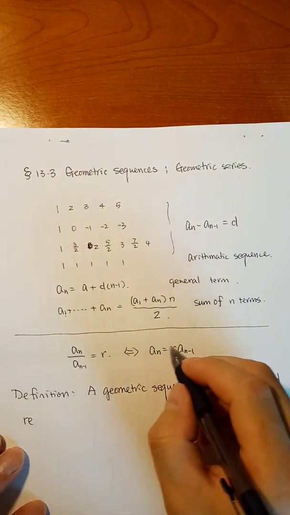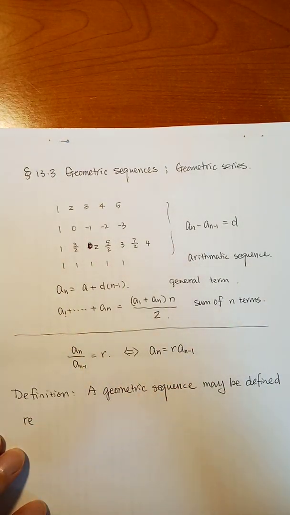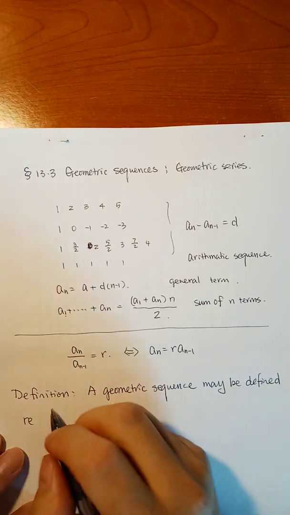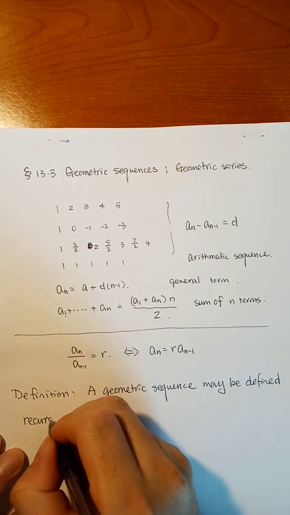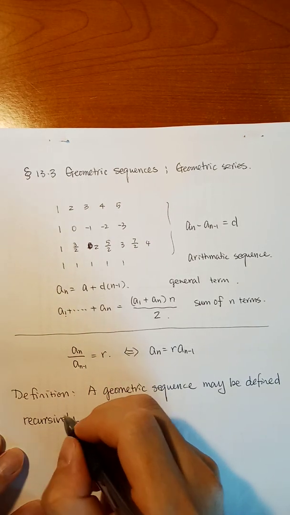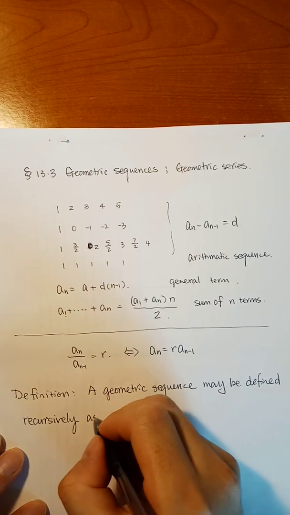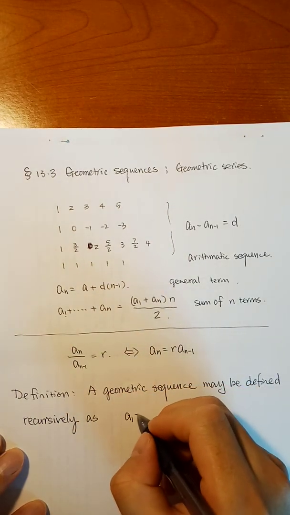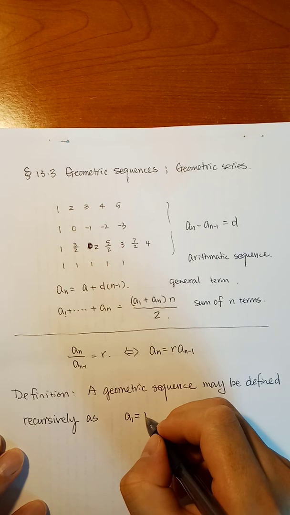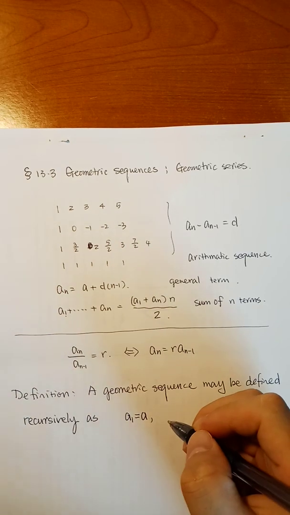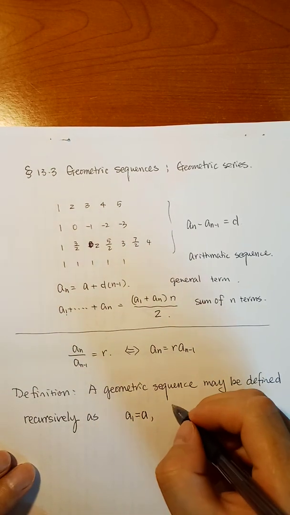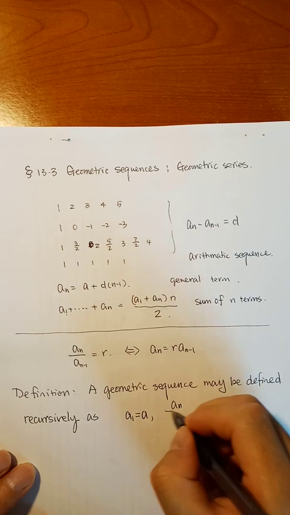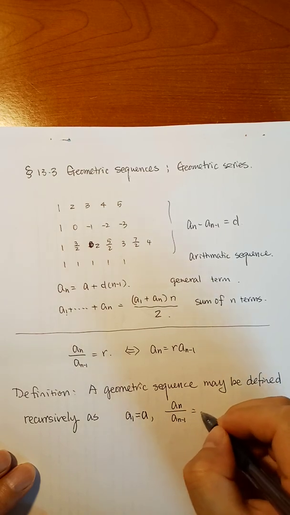This is recursive: the current term depends on the previous terms. So you have the starting point, a_1 is equal to a, and then your relation is that a_n over a_(n-1) is equal to r.